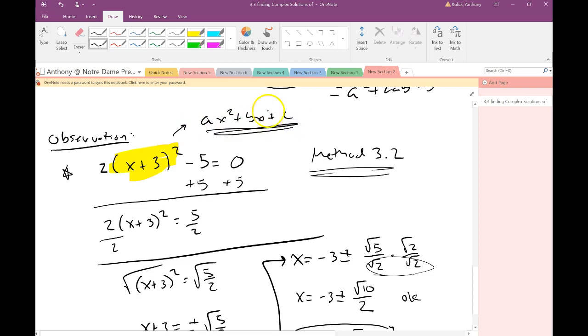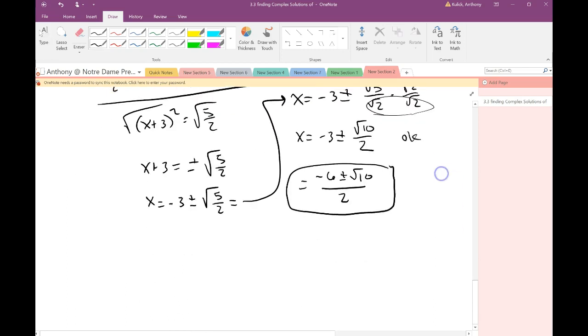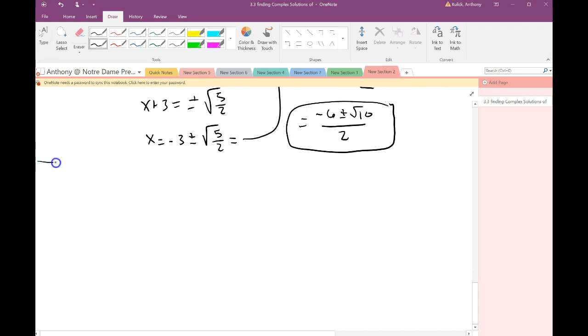So if I can find a method to go from something that looks like this to something that looks like that, then what we did in 3.2 can take us the rest of the way to an answer. So, is there a way to do that?